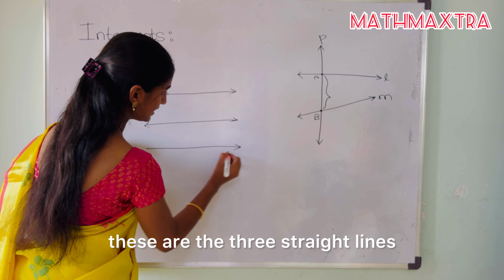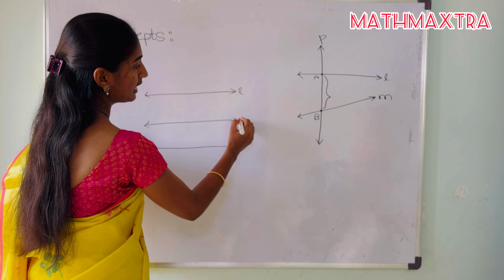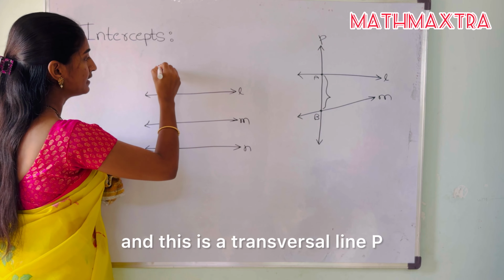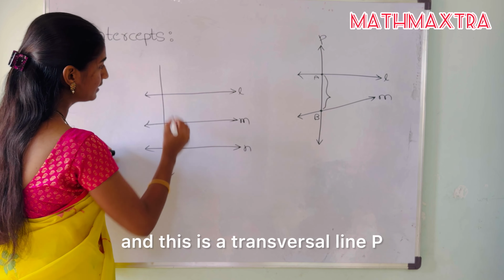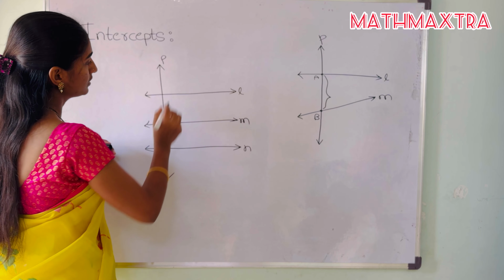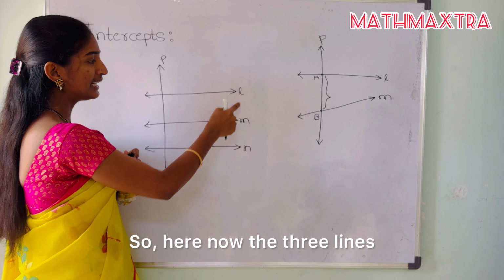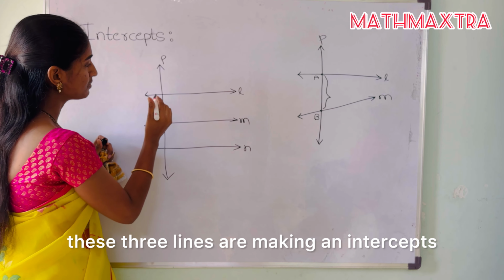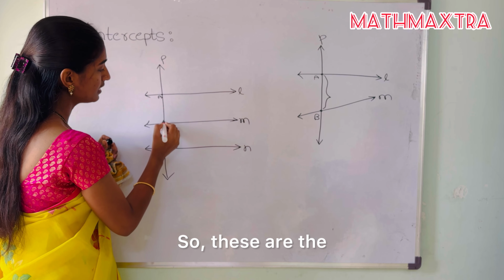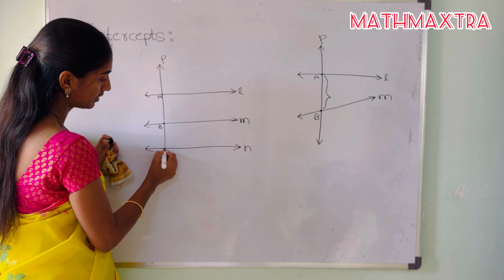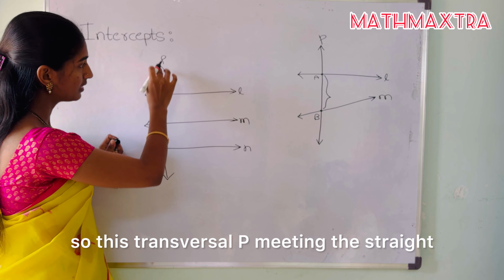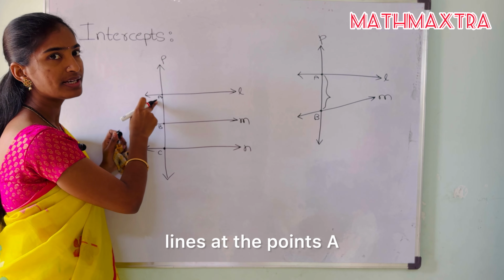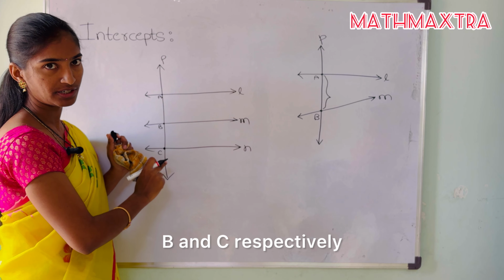These are the three straight lines L, M, N, and this is a transversal line P. Here these three lines are making intercepts, with the transversal P meeting the straight lines at the points A, B and C respectively.